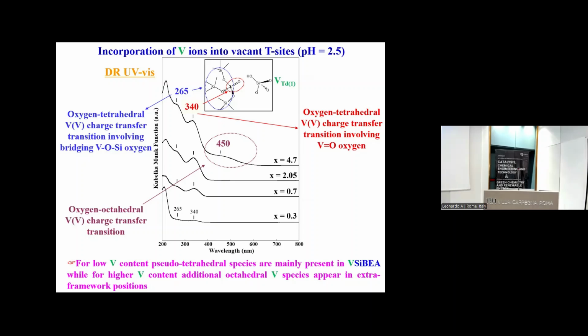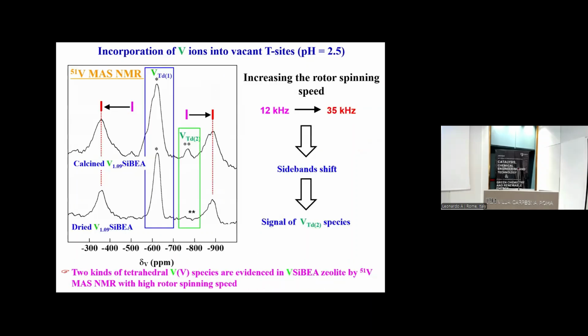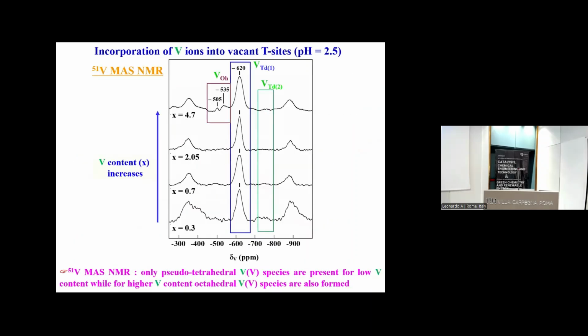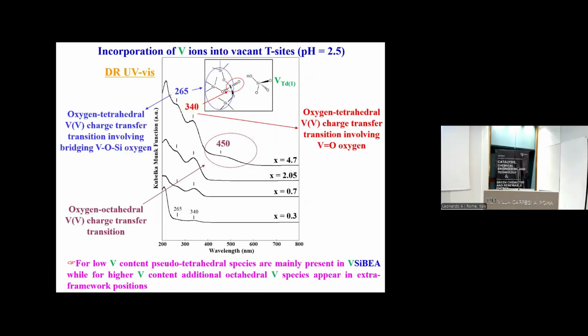By UV-visible spectroscopy, we can also distinguish in the zeolite the presence of vanadium tetrahedral species, which is characterized by these two bands.